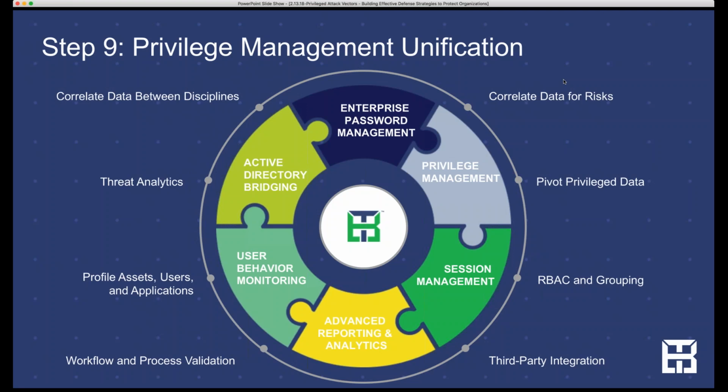When picking PAM technology, consider unification. Vendors that integrate tightly, share information, support each other's releases, have coexisting roadmaps, or single platforms to do all this work. I mentioned the Active Directory bridging earlier. John Smith. If I can report on John Smith's activity regardless of platform that he logged in with, I have a cool unification story.